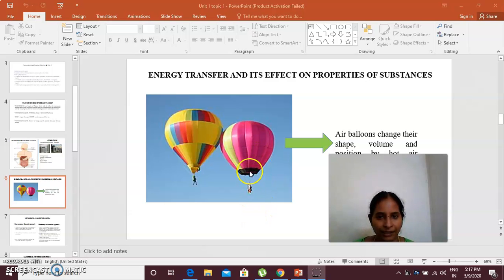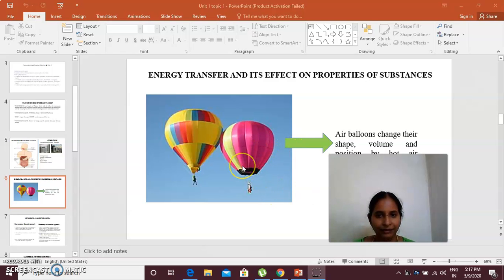After it is supplied with hot air under some pressure, the effect of that heat, temperature and pressure of the air has changed the shape, volume, state and position of that hot air balloon, which is now flying over the sky.